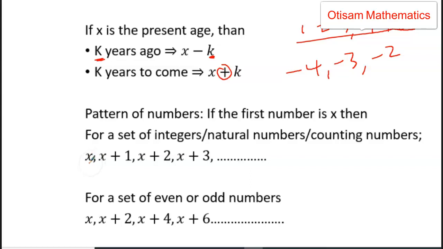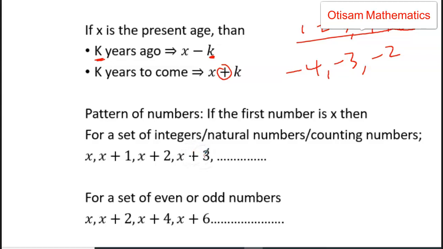This time I'm using X. I'm not saying always you should use X. You can use any other variable. So the next number, because the difference is 1, you write X plus 1. Then the next number will be X plus 2. So you look at the pattern so that when you get such a question, you know how to write your equation.